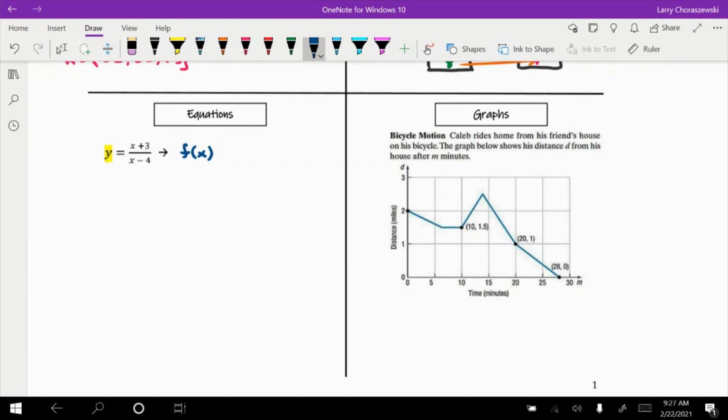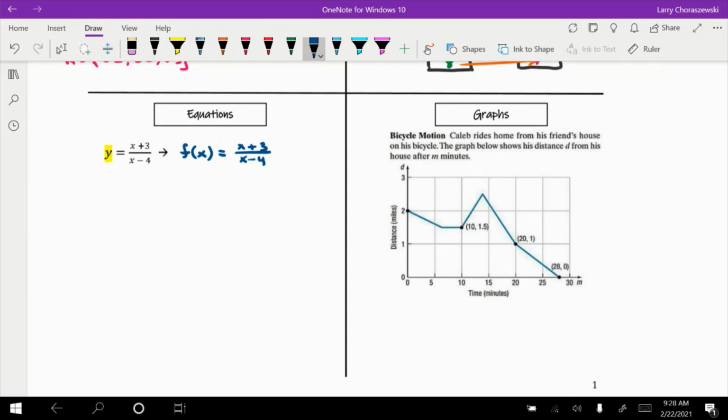So you could have something like lowercase g of y, parentheses y, but as long as it satisfies the format, like you're seeing here, then it's function notation. That replaces the variable y, so instead of y equals that fraction, we're going to write f of x equals that fraction. And that would be the function notation version of the equation.